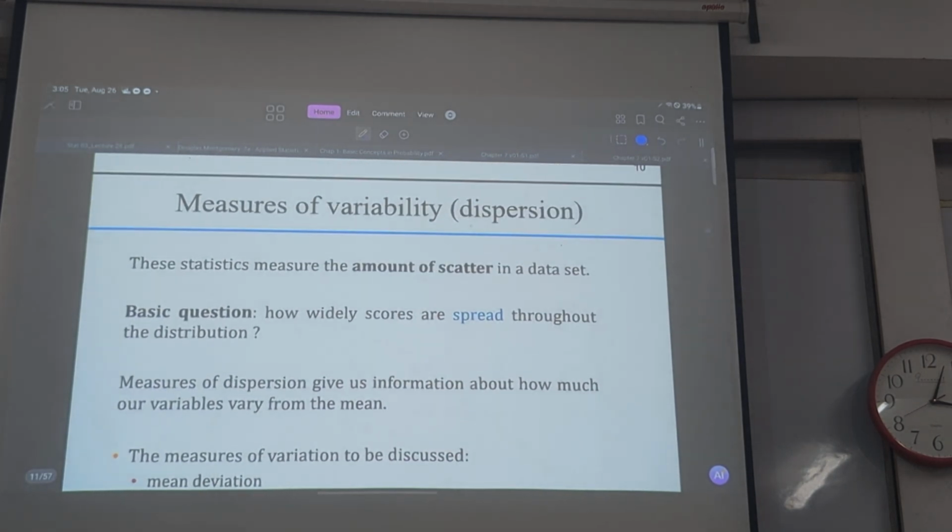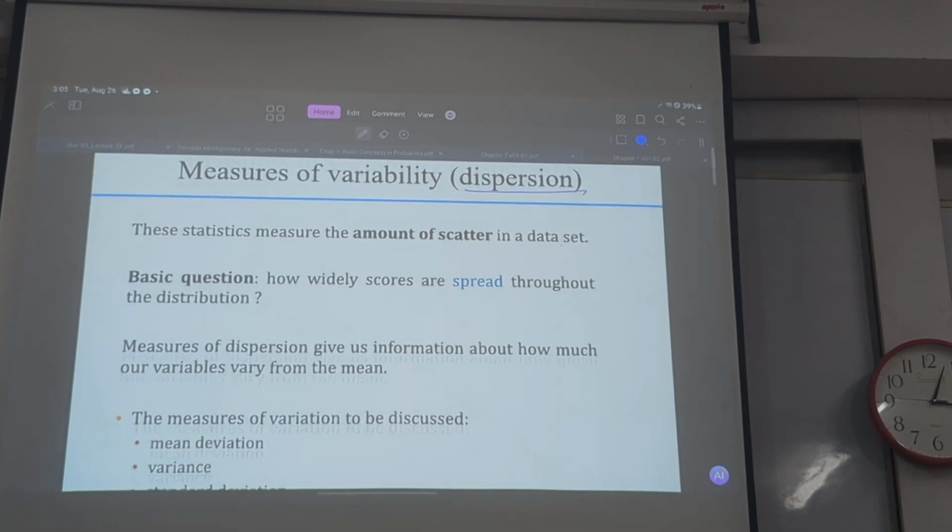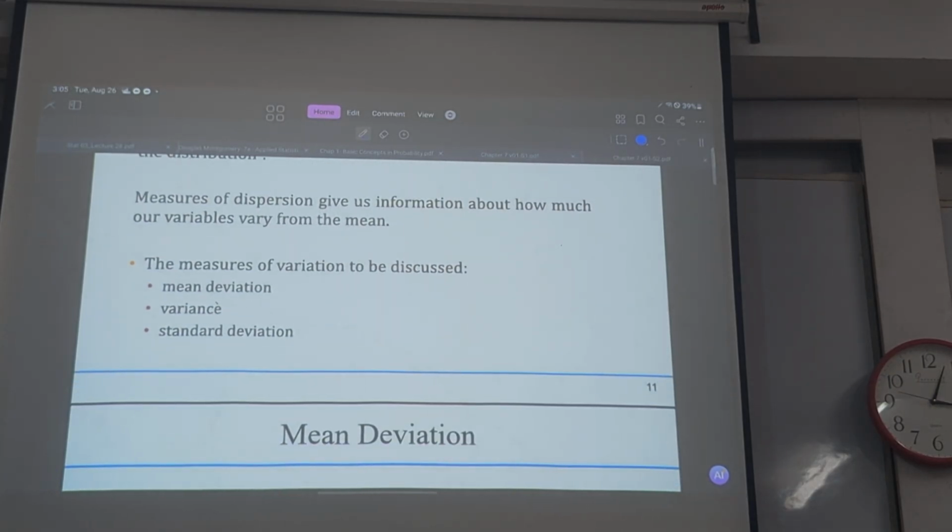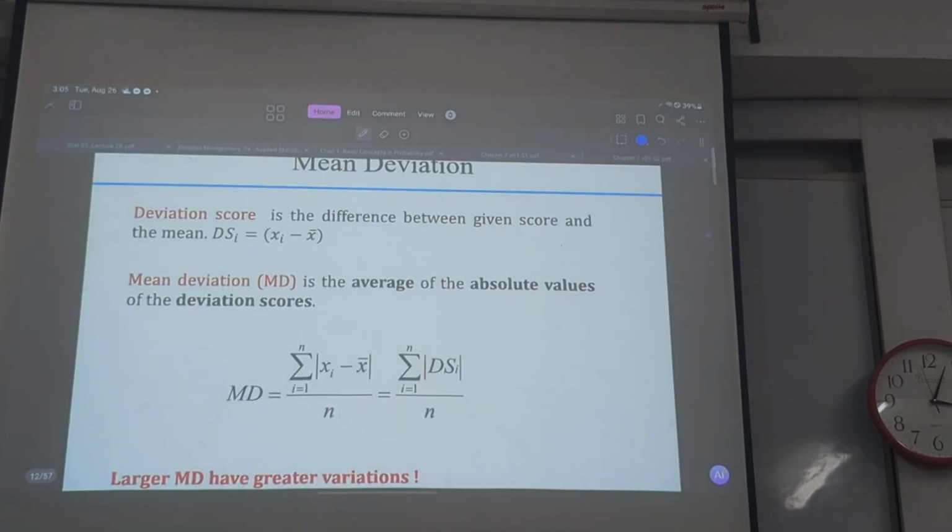Now we can measure the dispersion of the data. How do we measure the dispersion? Three quantifications are here: variance, standard deviation, and another one is mean deviation. Mean deviation actually is a relative term. How do we define mean deviation?